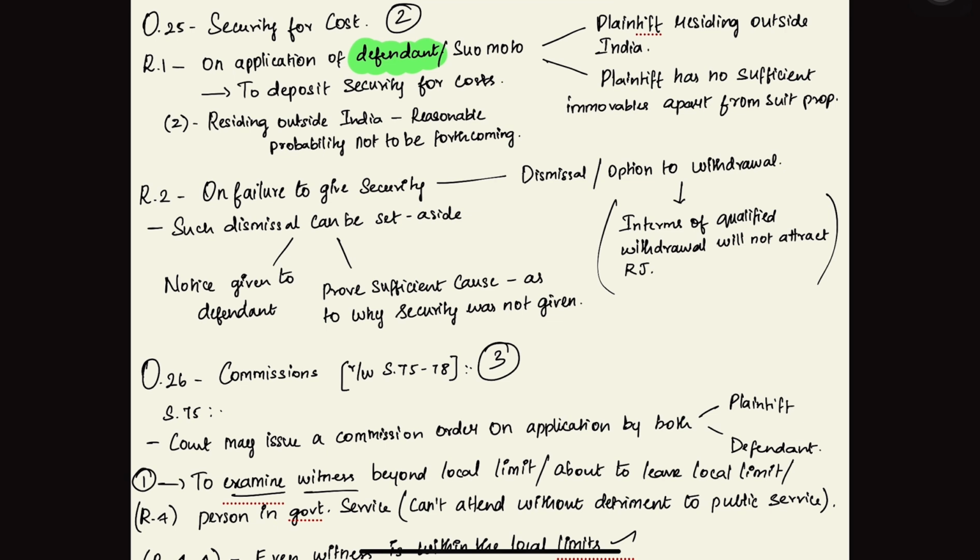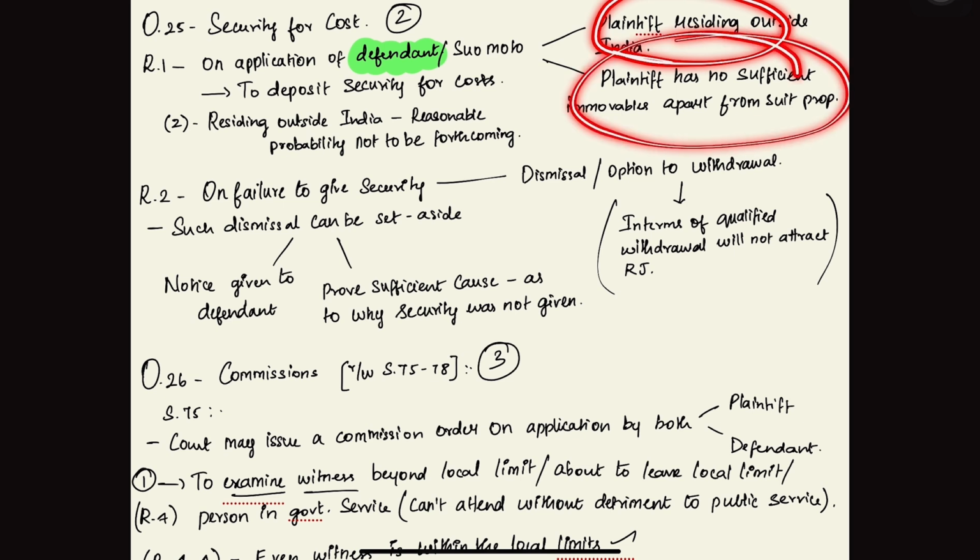If any cost is imposed by the court, those costs will be met even if he flees out of the country. That is the general rule for this situation, that is Order 25.